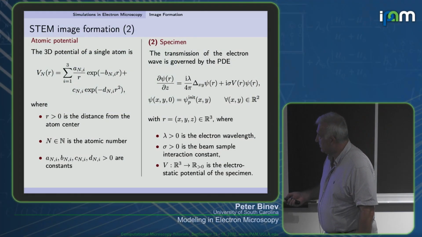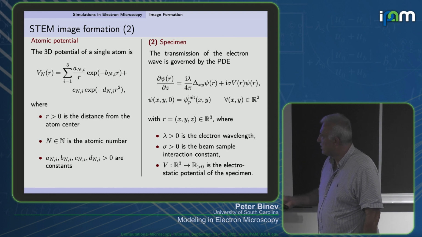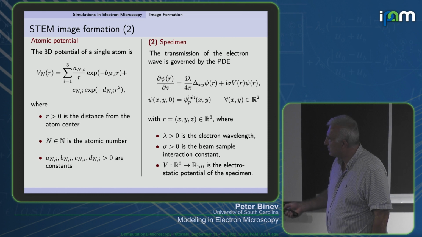So the electrostatic potential, just for a single atom, is calculated through some given constants, which are very well known. I think that you can find them in particular in Kirkland's book, which I'll cite a little bit later when talking about the multi-slice algorithm.